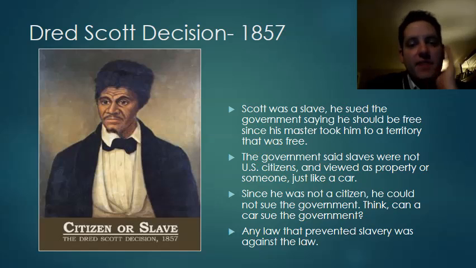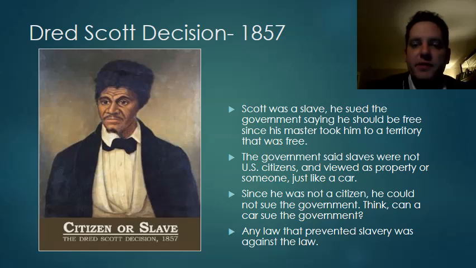Okay, now we have the Dred Scott decision. So Dred Scott was a slave, and he wanted to sue the government. He thought the government did a bad thing to him, and so he wanted them to say that he was free.